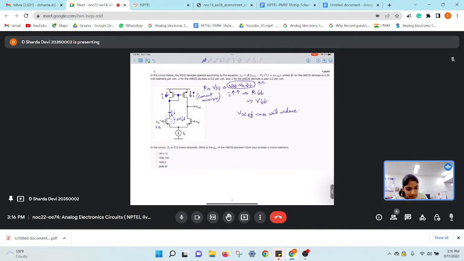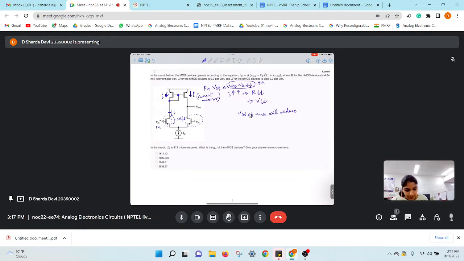Now what about this transistor? Since this is in differential configuration, what about this NMOS? Ma'am, that voltage drop will be across the parallel combination of the above PMOS and the down NMOS.